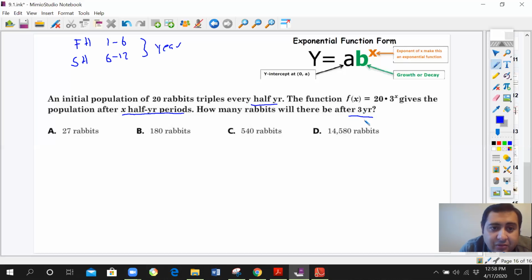So 3 times 2 makes it 6 half periods in total within the 3 years. So that's the 6 you're going to be implementing into the equation. We've got 20 times 3 to the power 6.